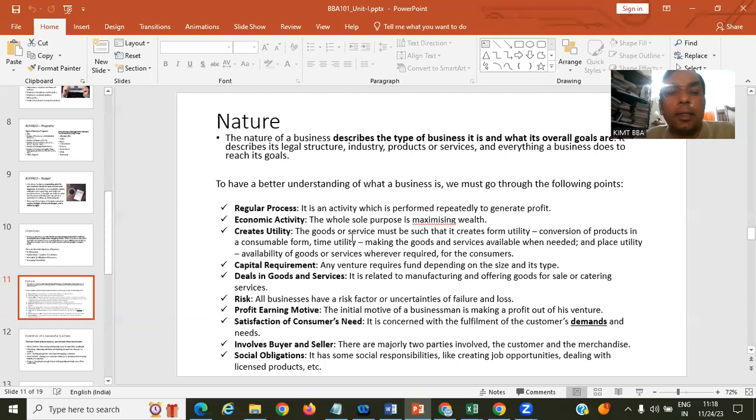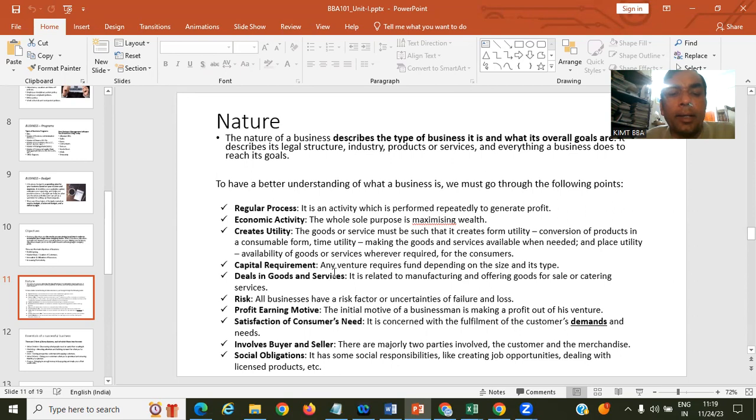Conversion of products into a consumable form, that means the customer is buying and utilizing that product in a consumable form. Time utility, making the goods and services available when needed, and place utility. So ultimately, whatever you are producing, selling, transferring, importing, exporting, it has some utility, some usage.